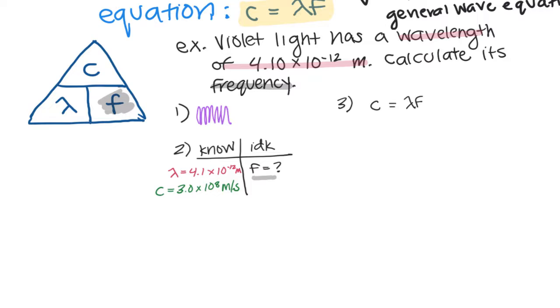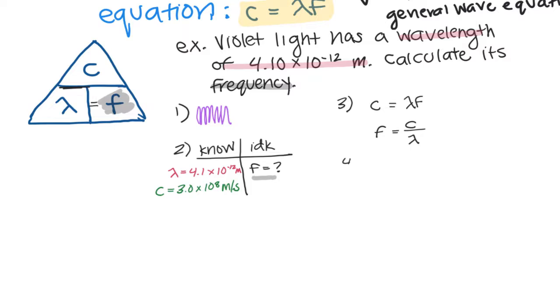That gives us an equation that looks like this: F equals C over lambda. So we are going to rearrange this equation so that it solves for frequency, which gives us C over lambda.